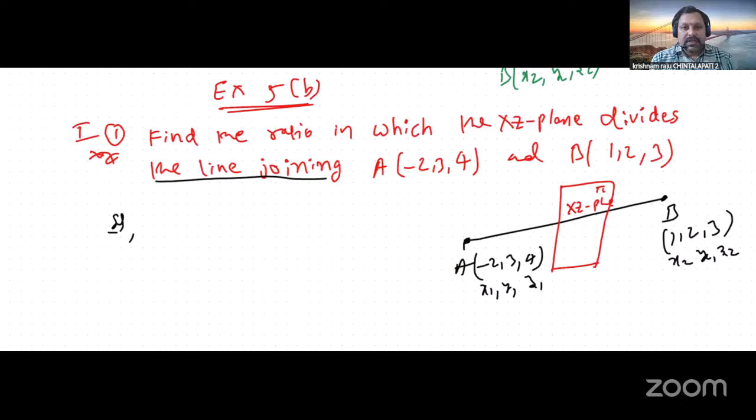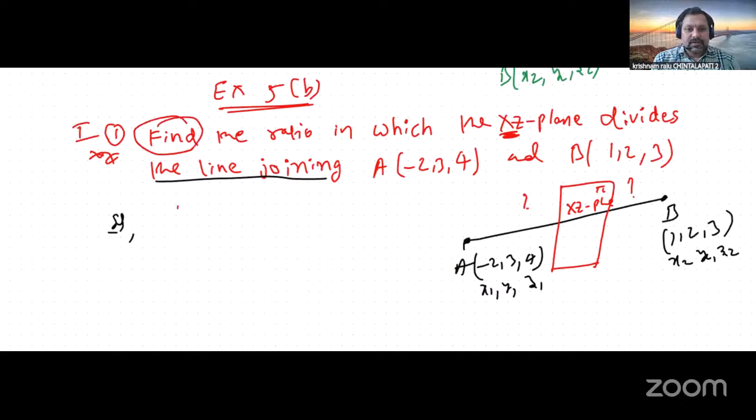In the last class we discussed that the answer is in terms of the missing axis. In the XZ plane, what is the missing axis? The missing axis is the Y axis. So the answer is in terms of Y. Clear? So first write the given points.